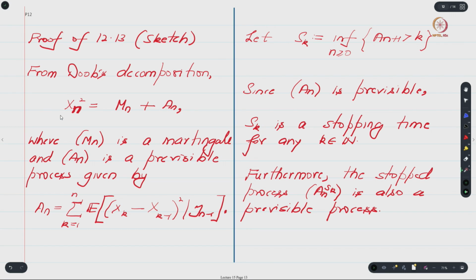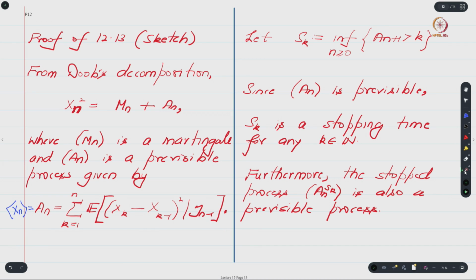If this was an arbitrary process, then A_n has some structure, but since you have x_n squared over here, one can show that A_n has this precise description. I encourage you to figure out why this description holds. This process, if you recall, corresponds to the angle bracket process associated with x_n.